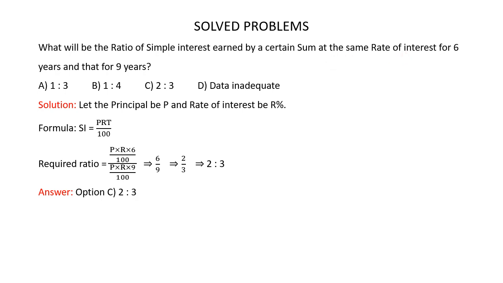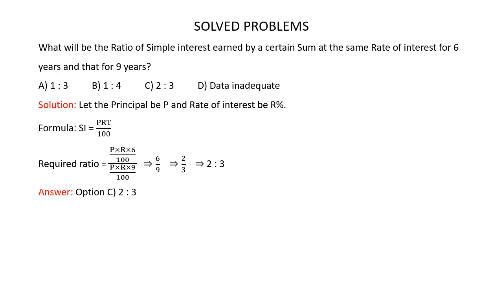Now let's find the ratio. Since 6 years is given first, the simple interest for 6 years has to be in the numerator. So the required ratio is equal to P multiplied by R multiplied by 6 divided by 100, which is the simple interest for 6 years, divided by P multiplied by R multiplied by 9 divided by 100, which is the simple interest for 9 years.